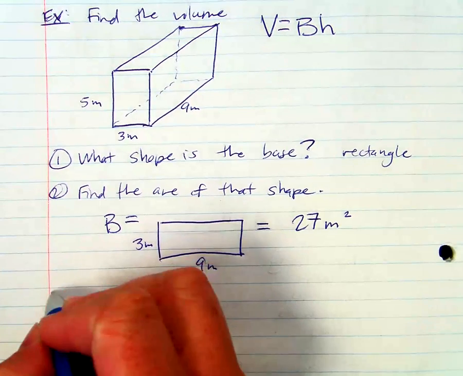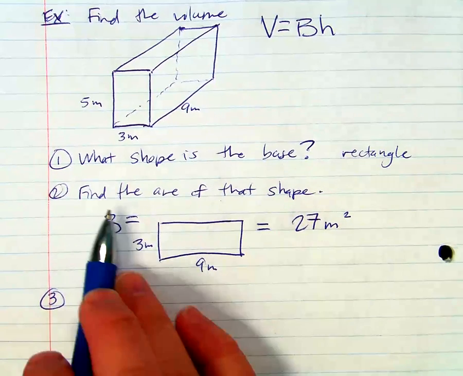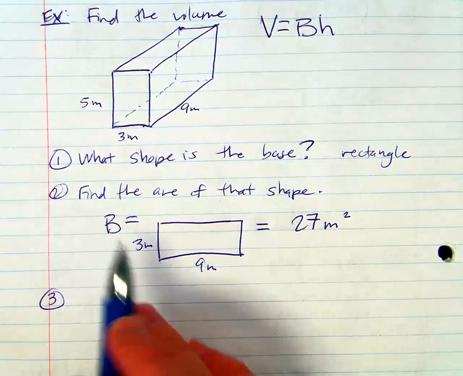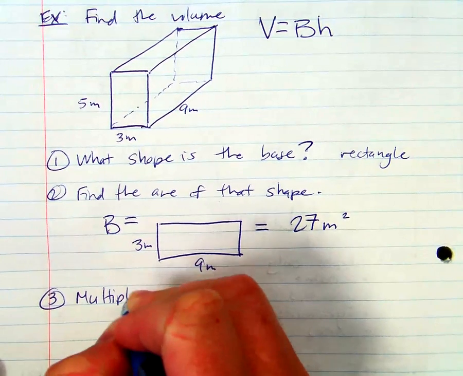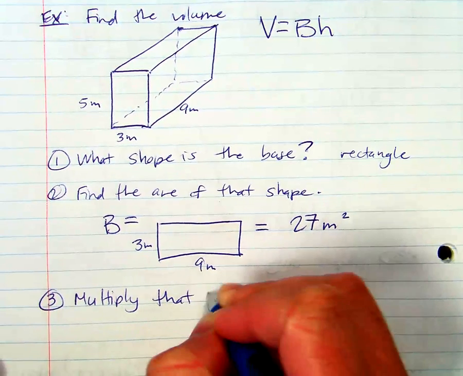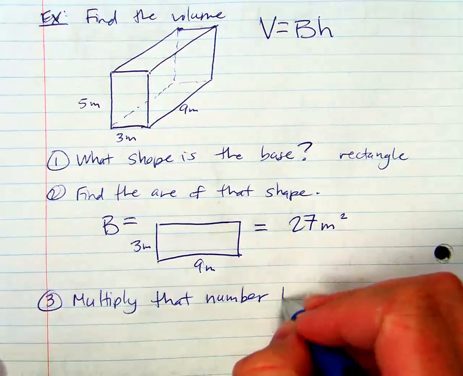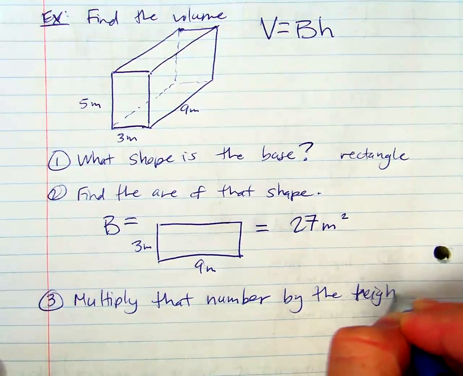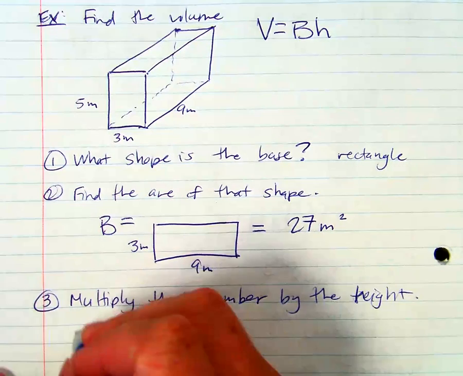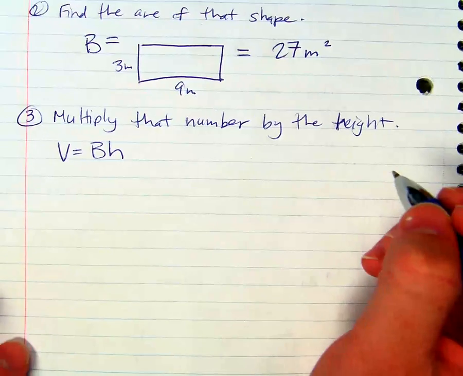Here comes the third and final step. Now that we've identified what the base is, we found the area of that base, we can now use our formula and multiply that number, the 27 that we just found, by the height. So this is where our formula actually comes together, so I'm going to rewrite it again.